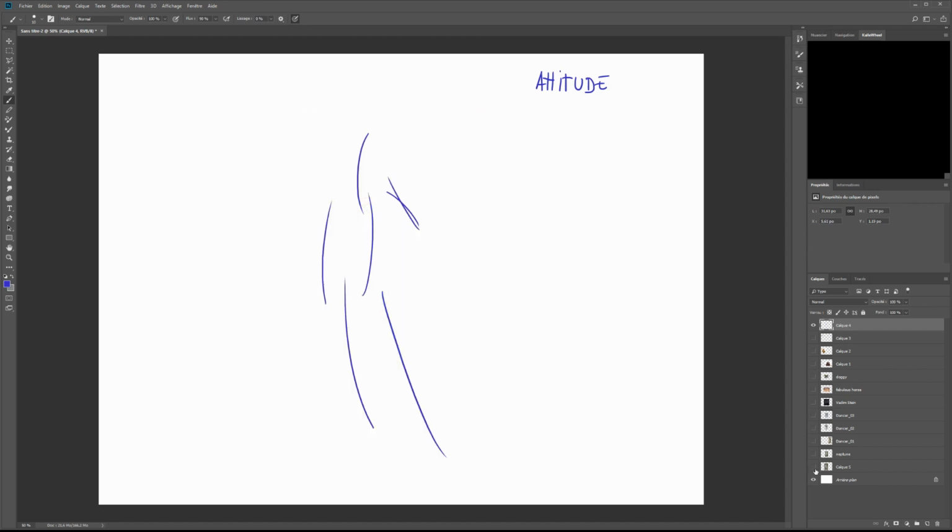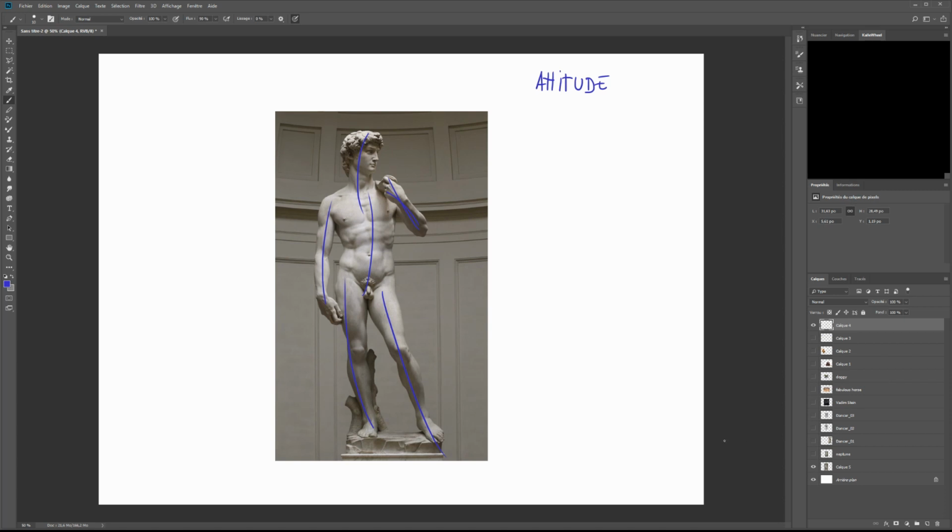If I remove the image, you see I have a very dynamic pose with some responding curves. So these are the attitude curves, and they are defining the movement of your character.